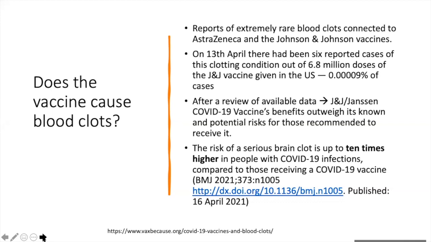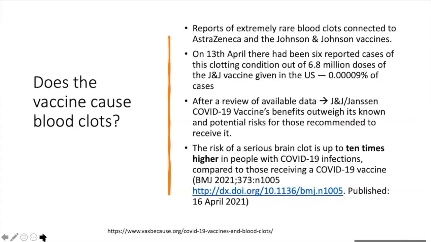Okay, so does the vaccine cause blood clots? There were two vaccines, the AstraZeneca, which we haven't used, and the Johnson & Johnson vaccine. The Johnson & Johnson one is the one that was used in the first phase of the vaccine rollout, and it reported extremely rare blood clots that were connected to these two vaccines.